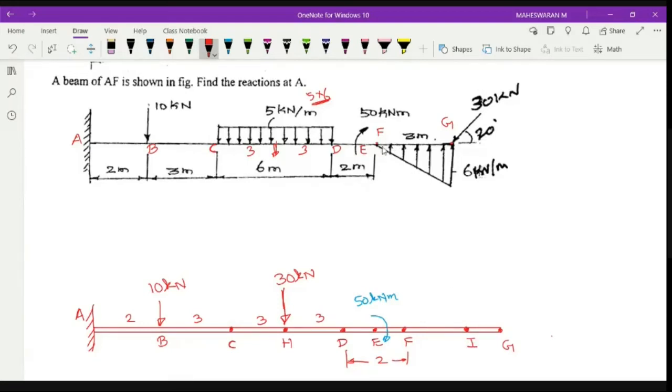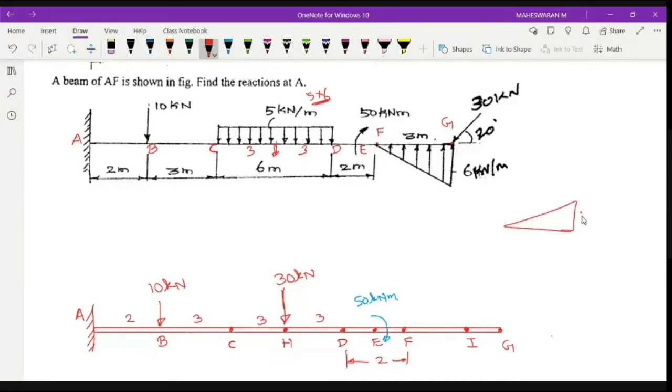Because I'm going to convert this UVL, a uniformly varying load, to a point load, right? So what is the procedure for converting that? If this is your uniformly varying load, it's a triangle, right?